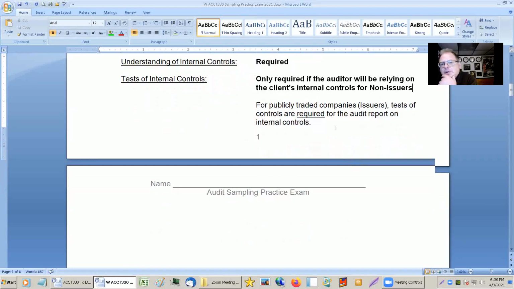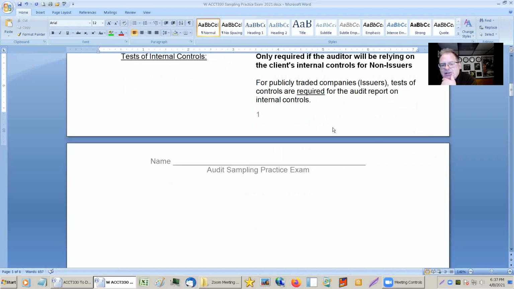So for issuers, you're going to be required for the internal control report. They're not required for your report on the financial statements. Reasonably thinking, though, if you have to do the test on internal controls for the report on internal controls, you may as well try to rely on them for the financial statement audit report.